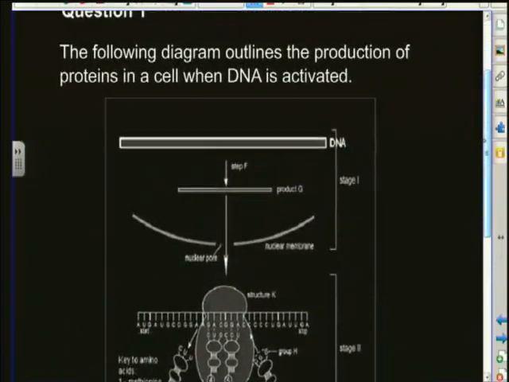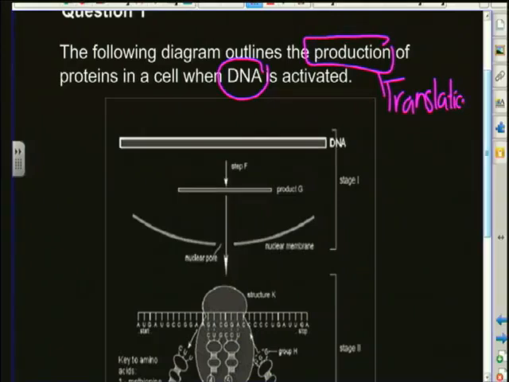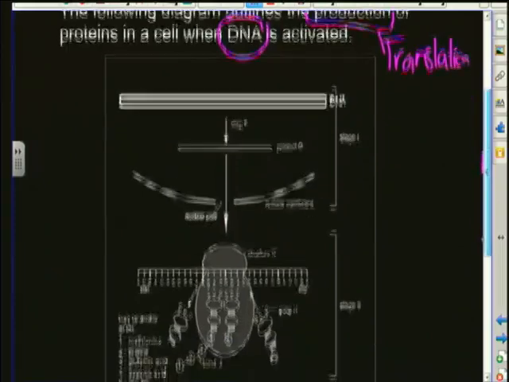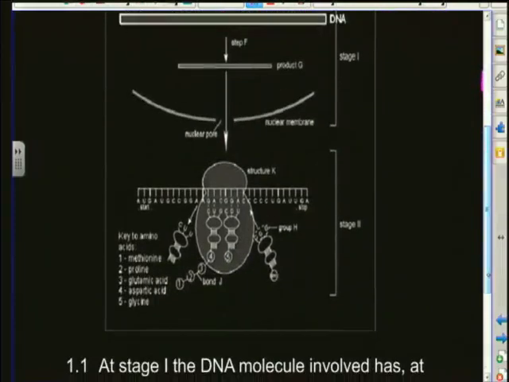Now, if you have a look, it says the following diagram outlines the production of proteins in a cell when DNA is activated. So it's already told you what we are doing. We are making proteins, and that is called translation. This diagram in front of you, you must become very familiar with it. Certain diagrams like this appear in almost all of your papers.